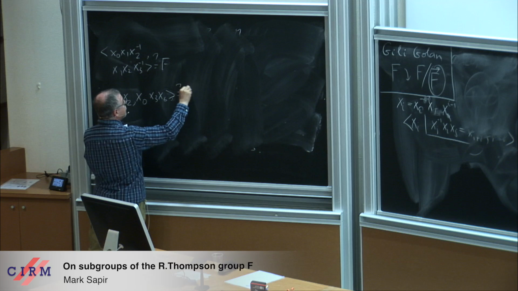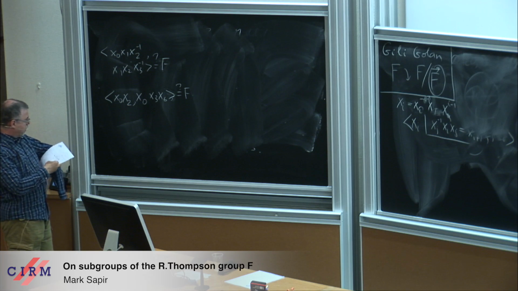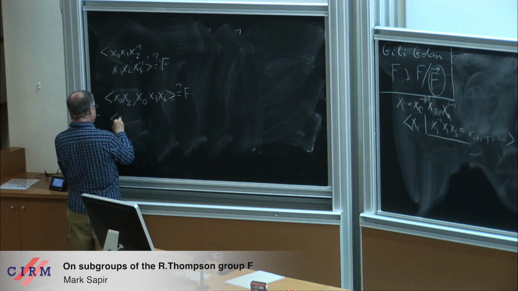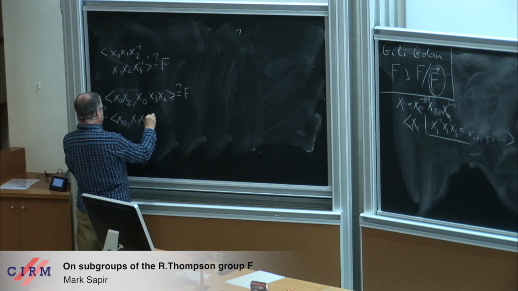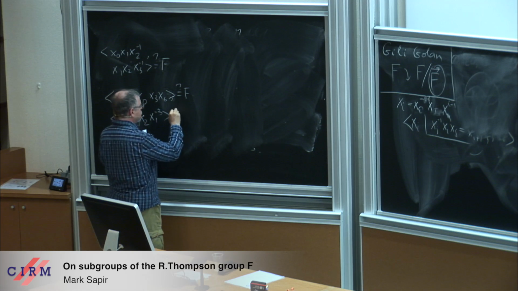Is it equal to F or not? And the third question, which is actually interesting, is this one, X0 and X1, X2, X1 minus 3. Is it equal to F?